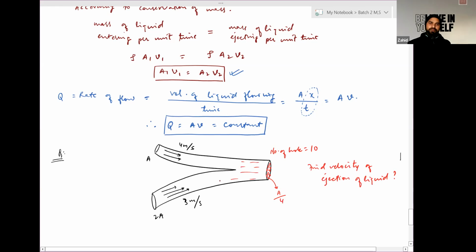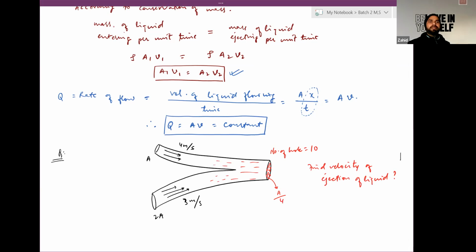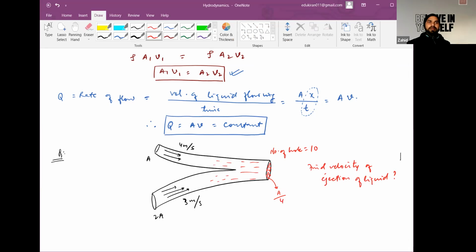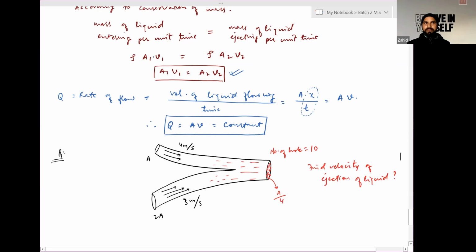Let me explain how to approach this problem. According to conservation of mass, total mass of liquid entering this tube must be equal to total mass of liquid ejecting out at the same rate.